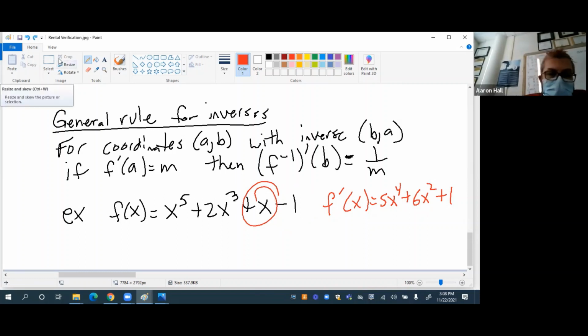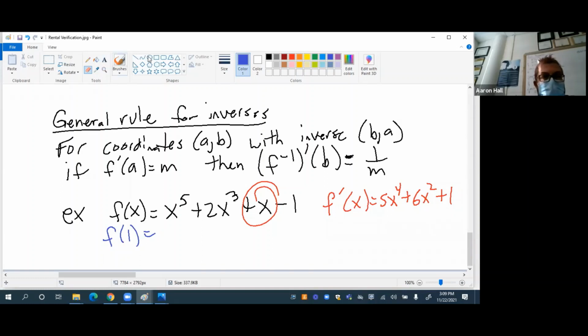Okay, I want to know what f of 1 is. What am I asking when I ask for f of 1? What equation do I use, the first one or the second one? Yeah, I'm going to use the first one.